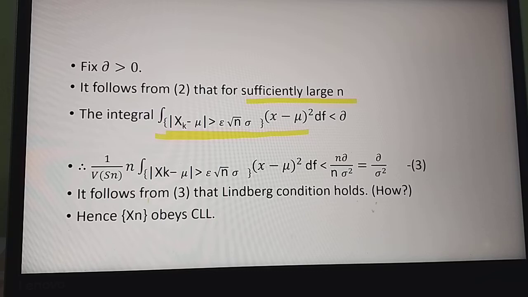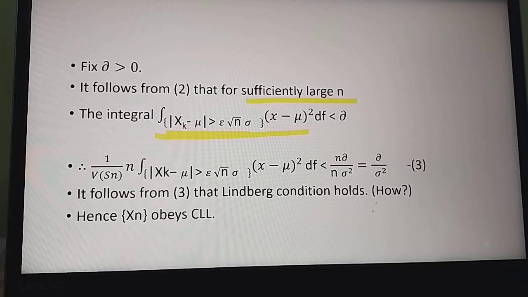So how? Note that this delta is a positive number, arbitrarily fixed.